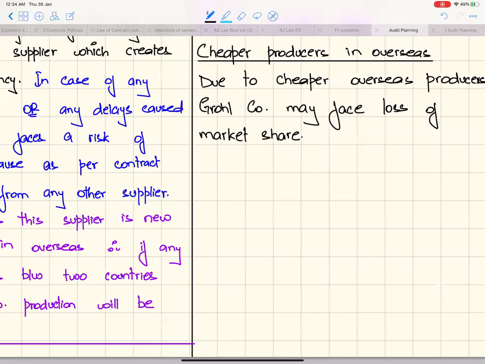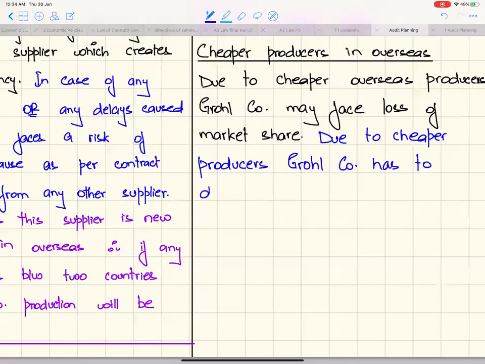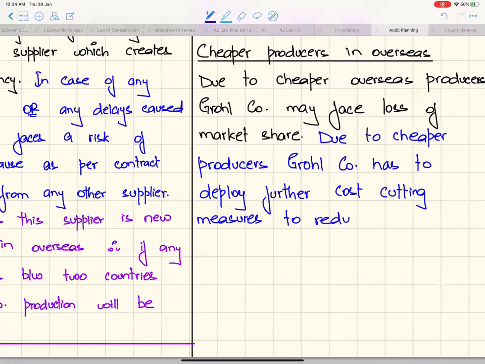Now, what will be the impact of this risk? Due to cheaper producers, Grahak company has to deploy further cost-cutting measures to reduce its price also.